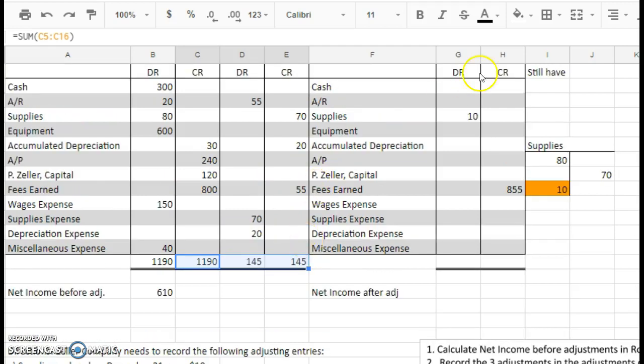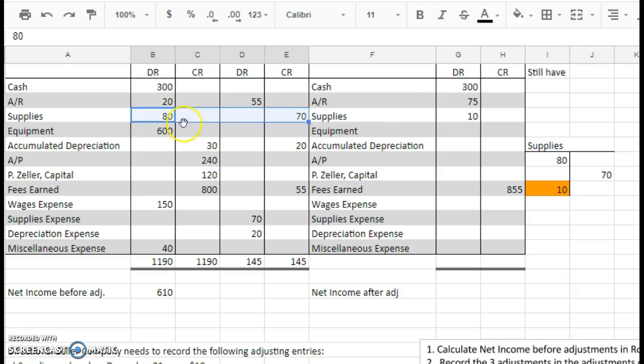So now I come back over here and I didn't do anything to the cash account, so my balance is still $300. I did do something to my accounts receivable, a debit and a debit, so make sure you understand: debit, debit, you add; credit, credit, you add; and if it's the opposite, if it was a credit, then I would subtract. So debit, debit, I need to add together for 75.